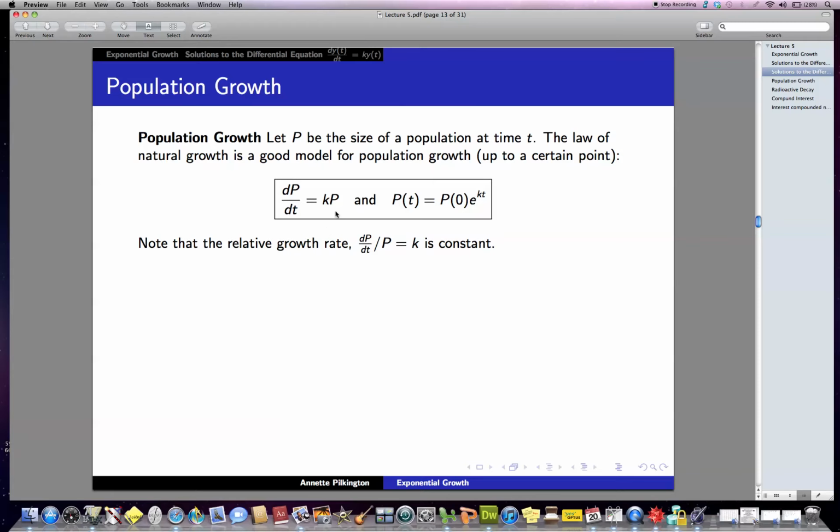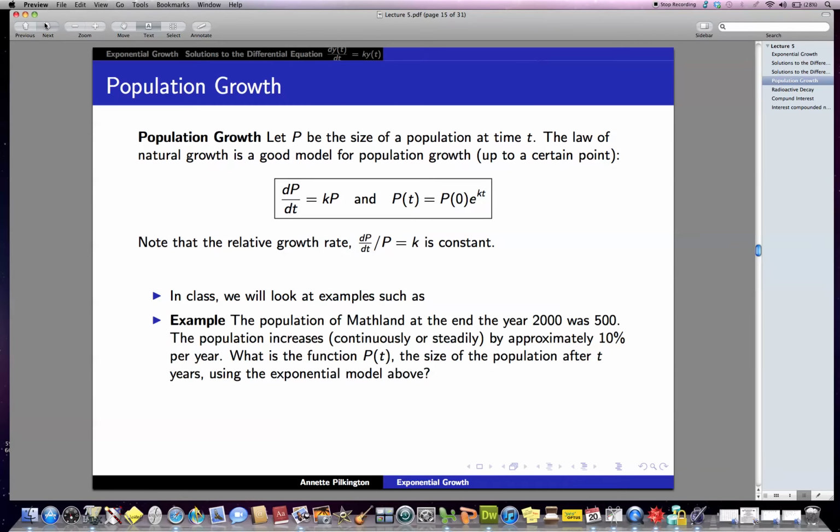That k will vary from population to population. The size of the population p of t is a solution to that equation, p of t equals p of 0 times e to the kt, where p of 0 is the initial size of the population. The relative growth rate is k, the change in population over the size of the population, and that's a constant peculiar to the population.